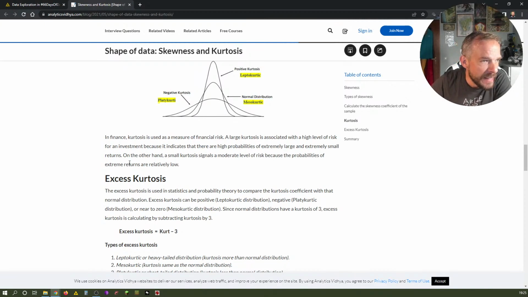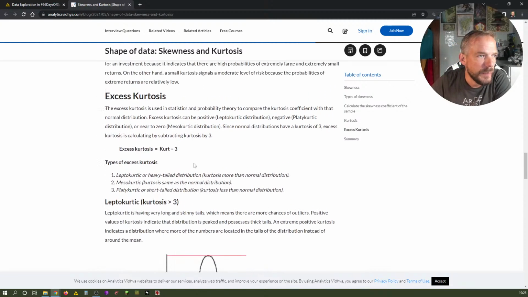On the other hand, a small kurtosis signals a moderate level of risk because the probabilities of extreme returns are relatively low. The excess kurtosis is used in statistics and probability theory to compare the kurtosis coefficient with that of the normal distribution. So once again, we're always coming back to the normal distribution.